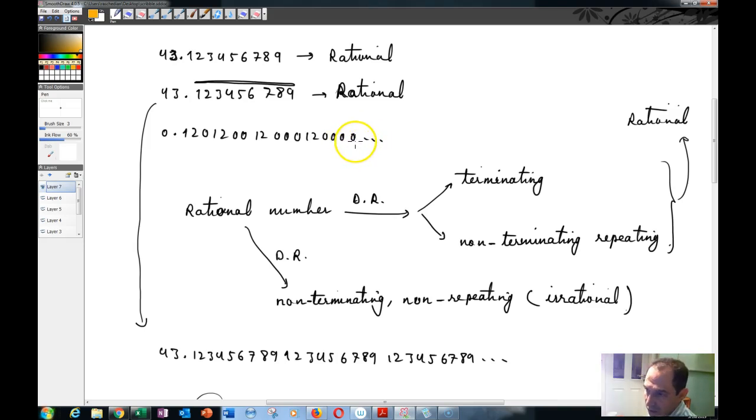And moreover it is non-repeating, meaning that you have 0.1201200120000120000, and so on and so forth. You don't find a pattern over here, and it also does not terminate. So this is an irrational number. That's basically that.